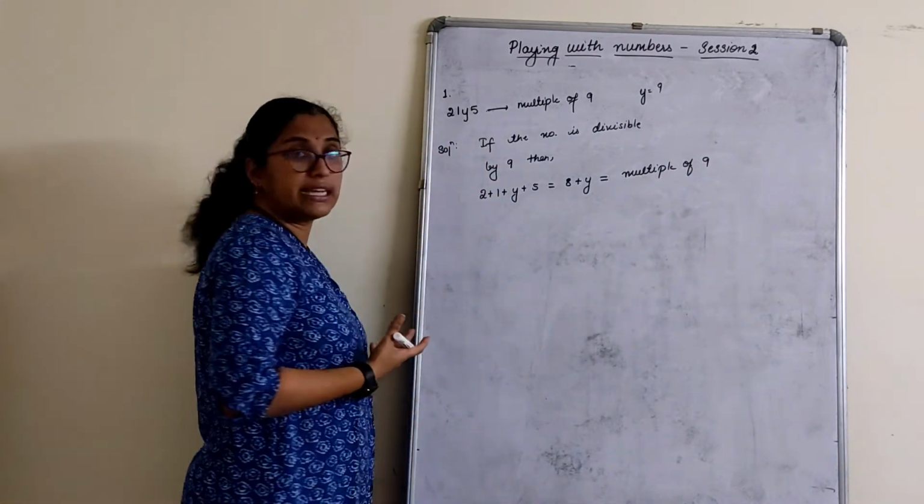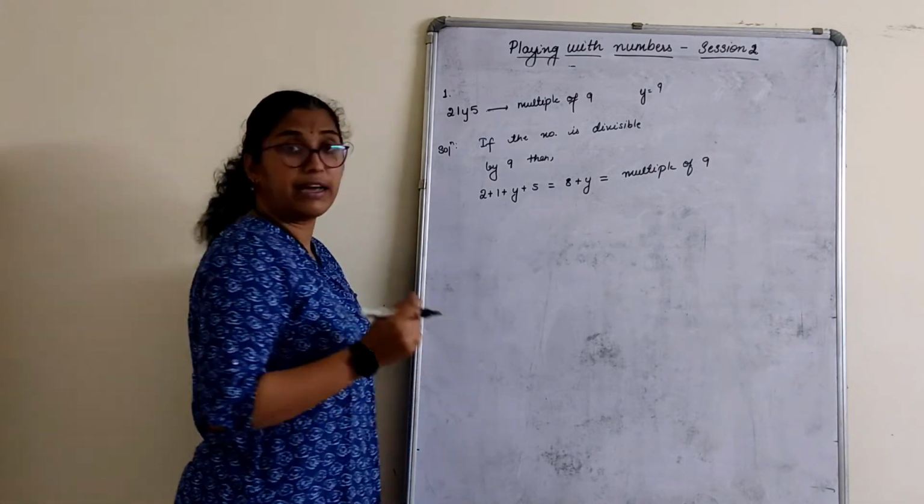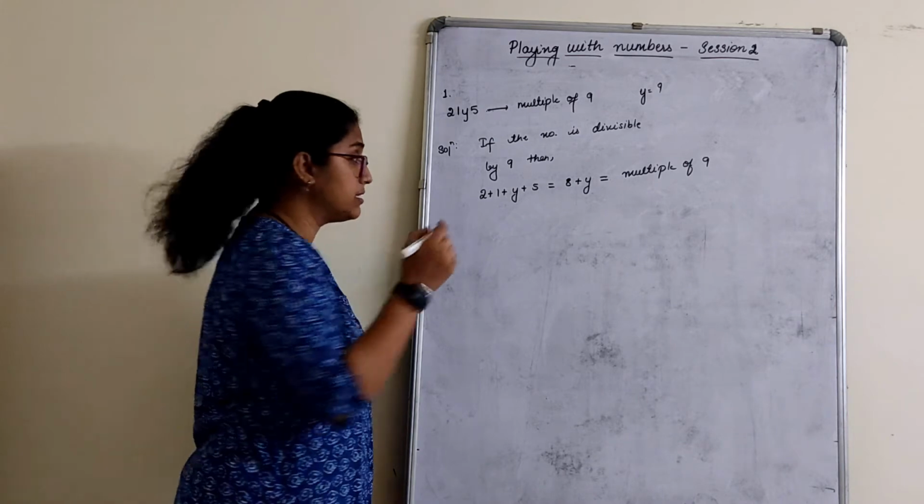What all values y can take here? It's only a one digit number it can take. What values? If I put y is equal to 0, no. y is equal to 1, yes, because 8 plus 1 is 9.